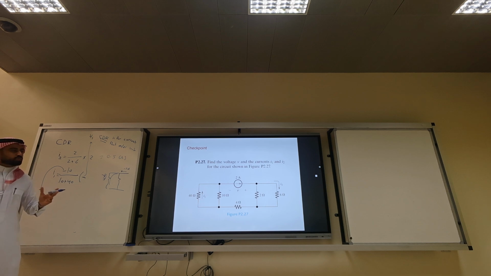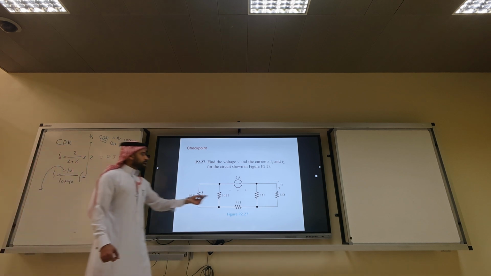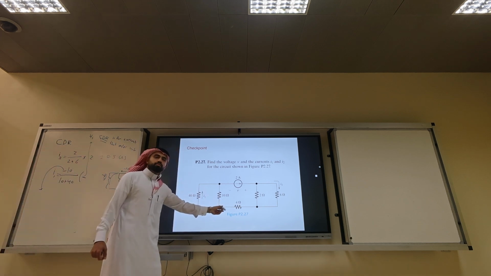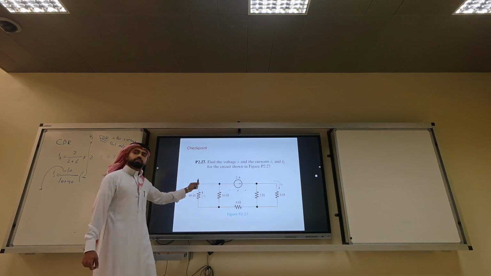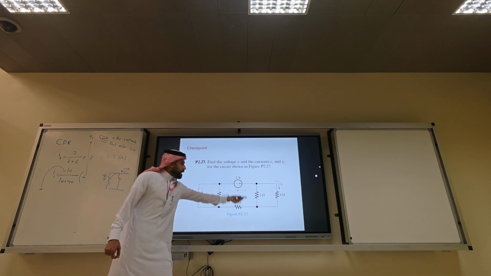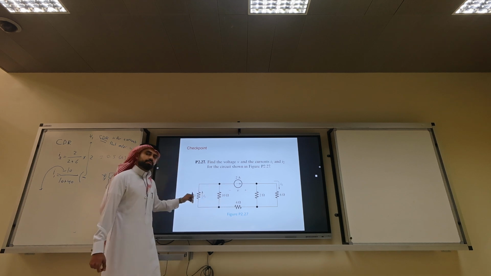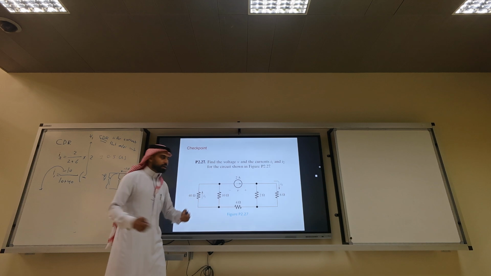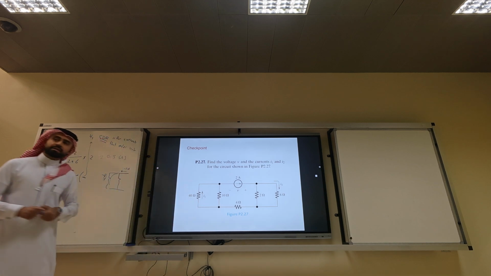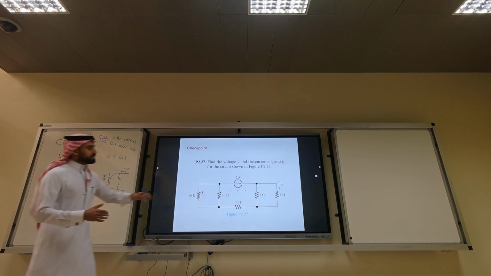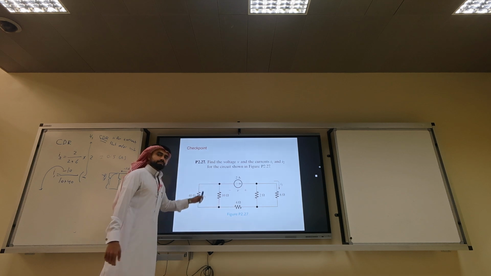Another smart student would say minus 2 amps from the bottom will be split into I1. No, 2 amps will be split from bottom to top, and that's another way of solving it. And I think it's actually better to use CDR from top to bottom.